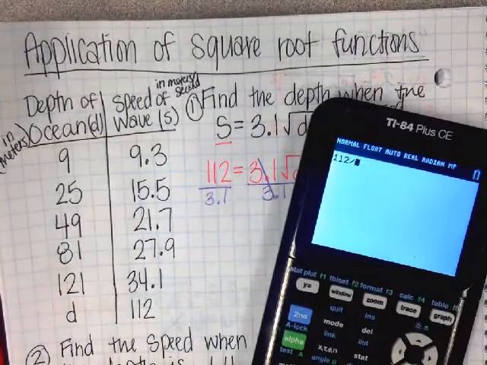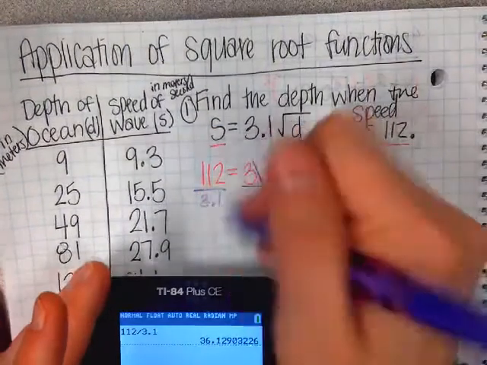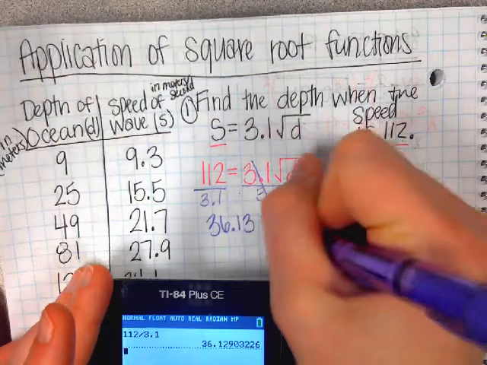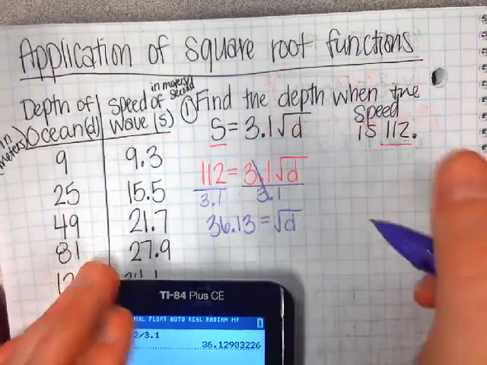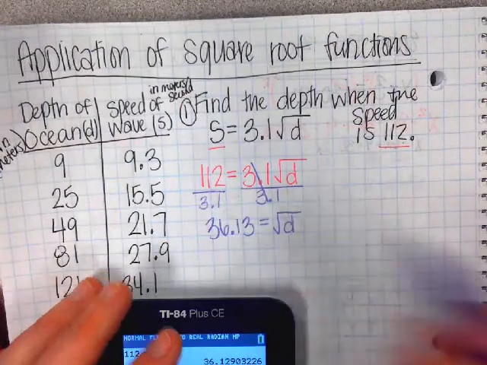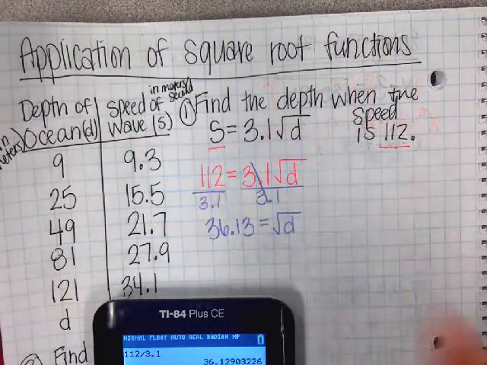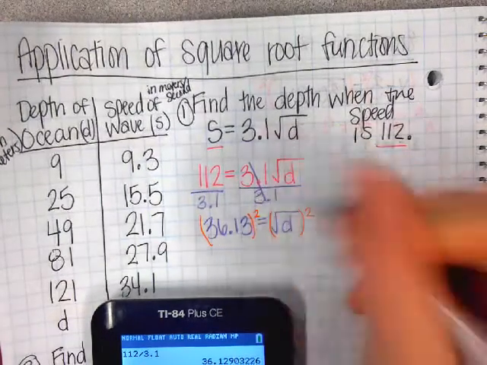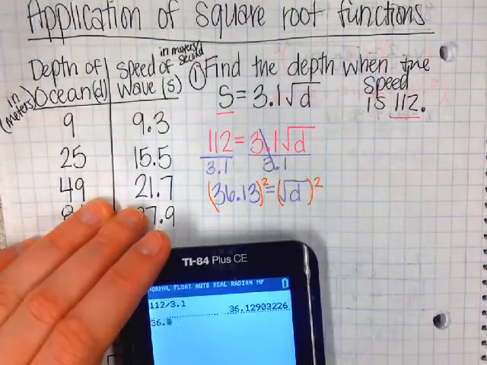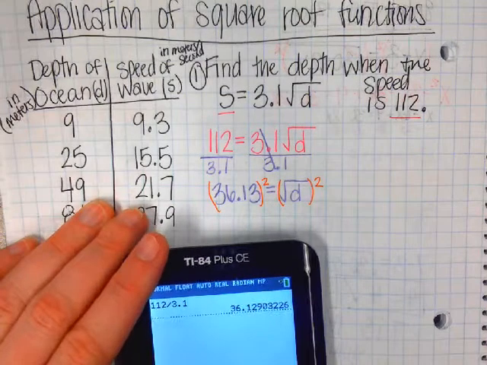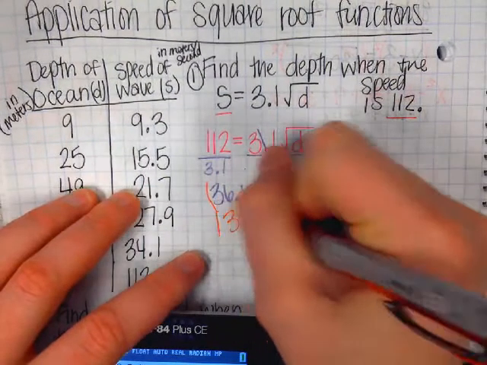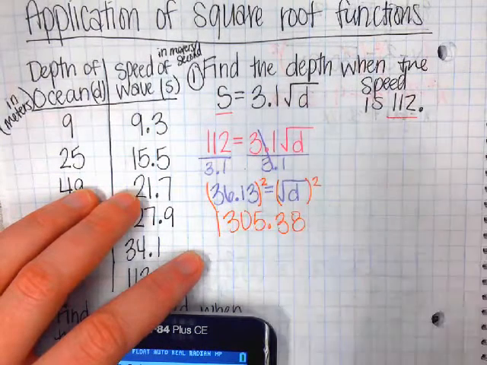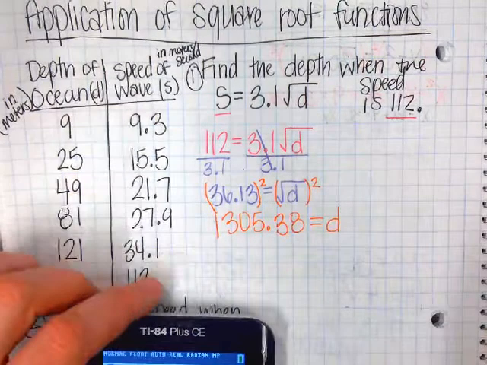112 divided by 3.1 is 36.13, which equals the square root of D. The inverse of the square root of something is squaring it, so I'm going to square this side. 36.13 squared is 1305.38, which equals the depth.